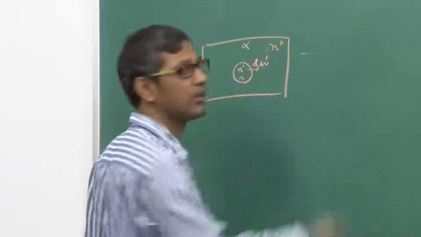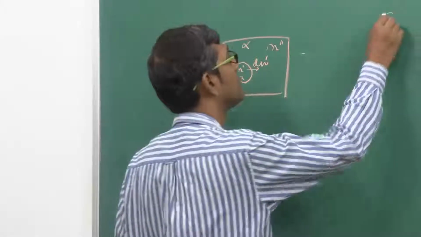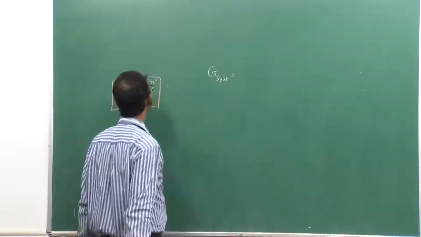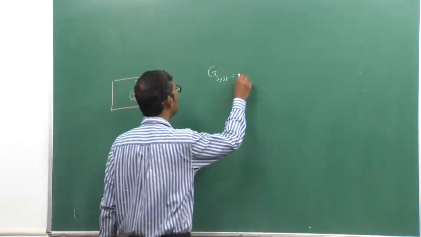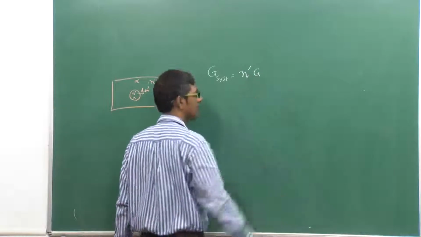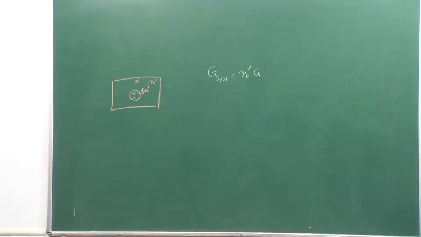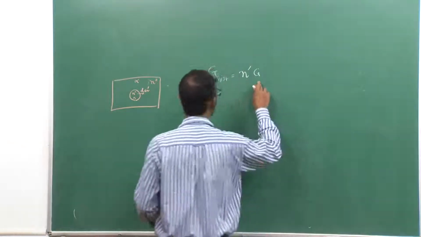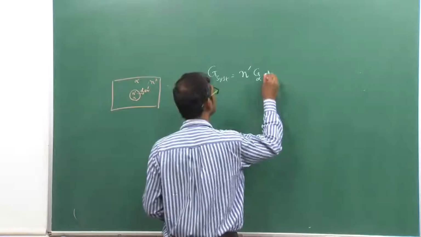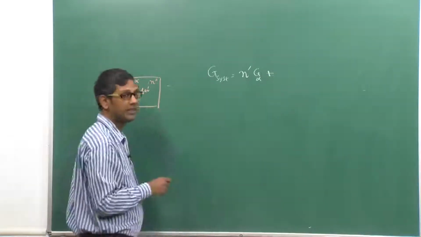So initially, what is the total free energy of the system? These equations are very simple but need to be written properly. The total free energy is n prime times G alpha, where G is the free energy, plus the interfacial energy.